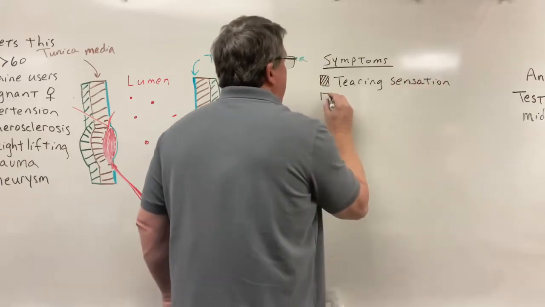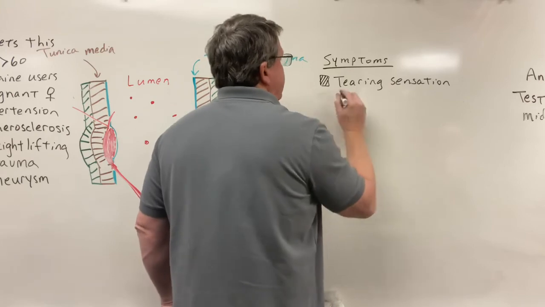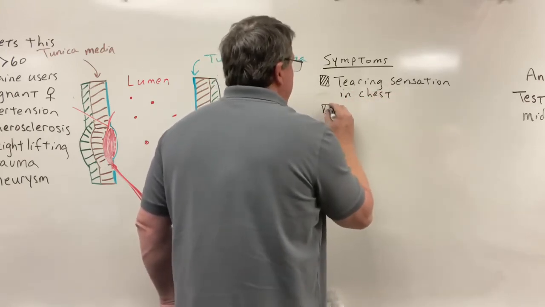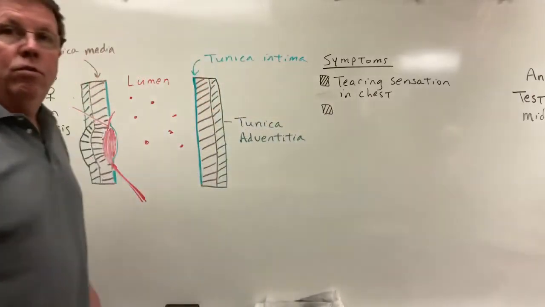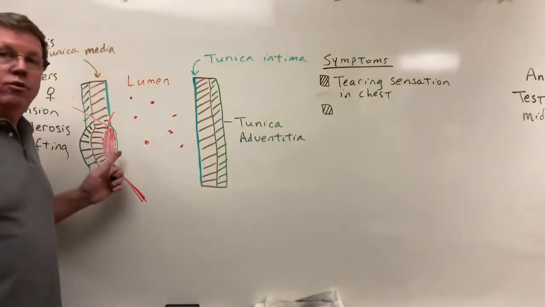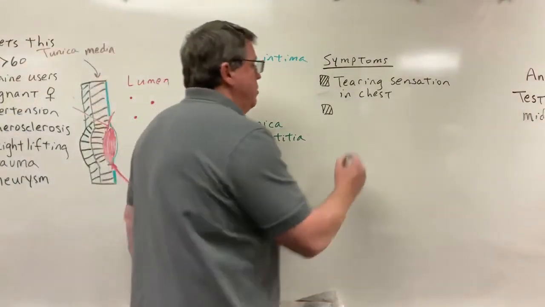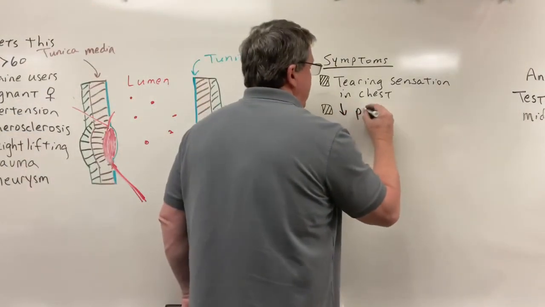Okay. Let me put a tearing sensation in the chest. Because the blood is actually going into this lumen here, the false lumen, sometimes people may not have much of a pulse in one of their arms. So you may get a decreased pulse in one arm.